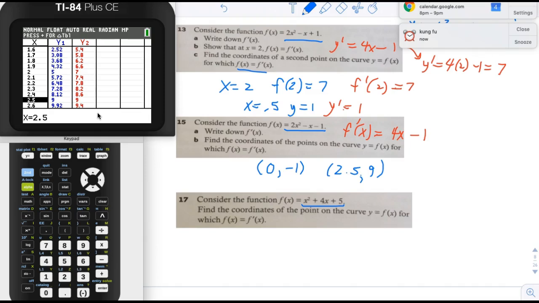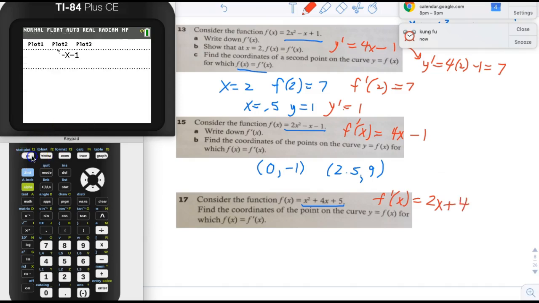Find the coordinates of the point on the curve f of x, for which the derivative and the original function are the same. So first we're going to figure out what the derivative function is. Taking the derivative, it's 2x plus 4. We're going to put that in the calculator.